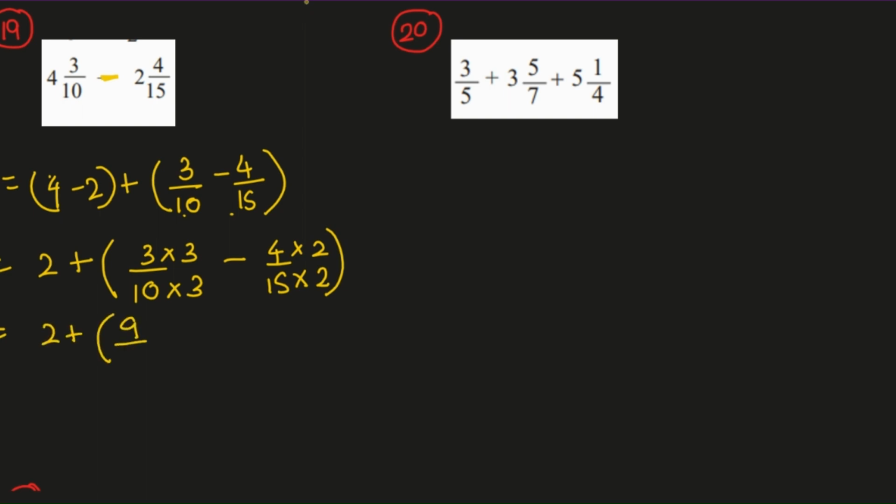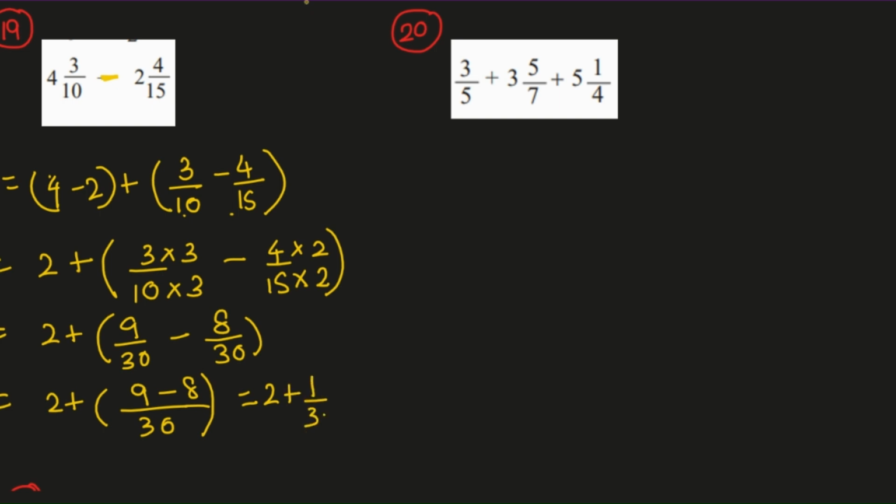Then 9 upon 30, 8 upon 30. Right. Then 2 plus, the denominator will be 30 because it's common. Then 9 minus 8, you know now, 2 plus 1 upon 30. So this can be written as 2 and 1 upon 30. Great.